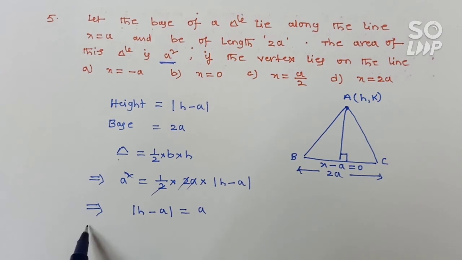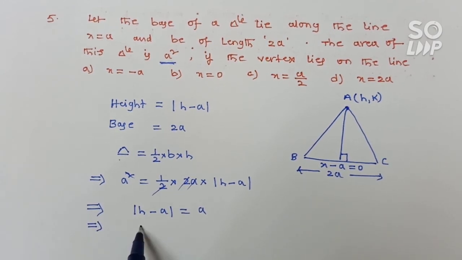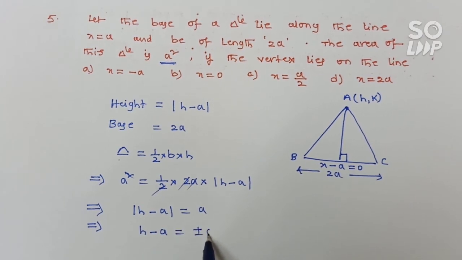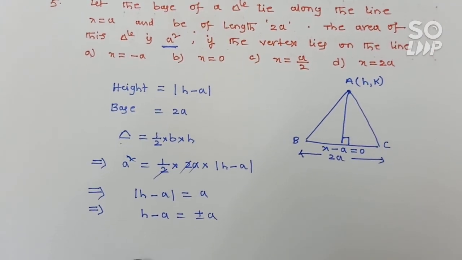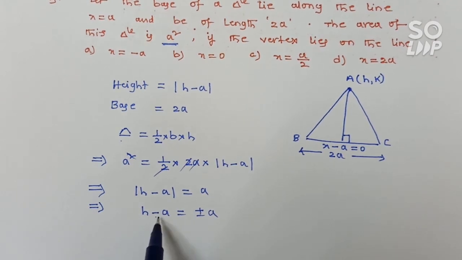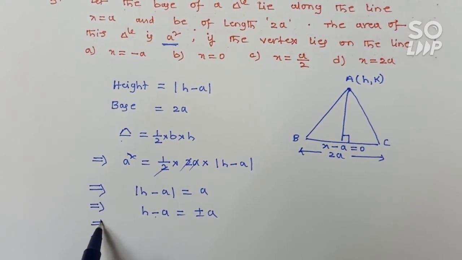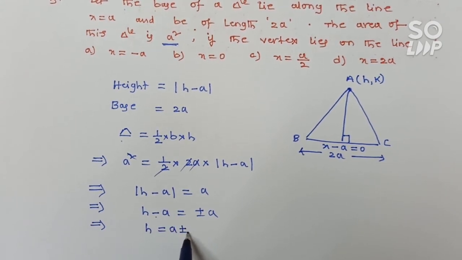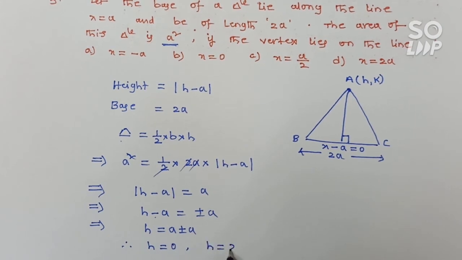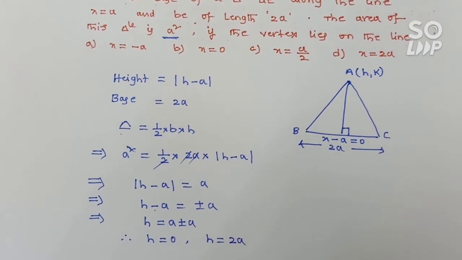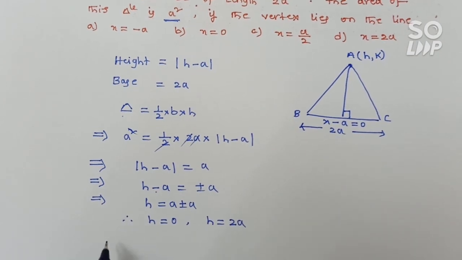Modulus means plus or minus, so h minus a equals plus or minus a. Taking a to the right side, h equals a plus or minus a. Therefore one value of h is 0, and the other value is 2a.